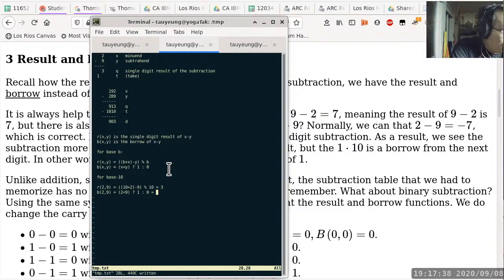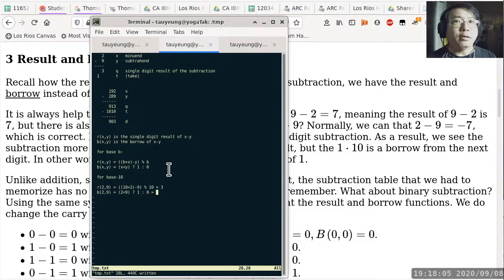So Tom has a question, which is, is r of x y always going to be a single digit return? Yes, so that's just my notation. I use the r function to indicate the single digit result of addition previously, and now we're using r for the single digit result of a subtraction. But I choose to use the same name r in this case for a reason.